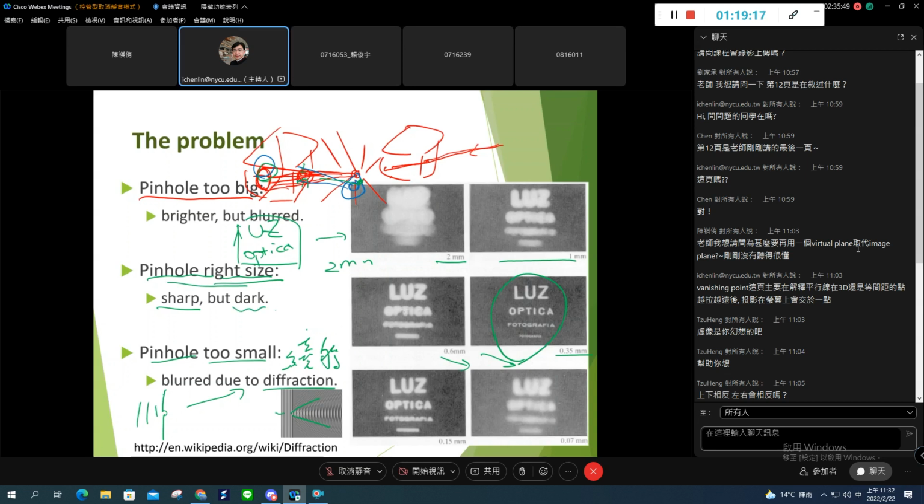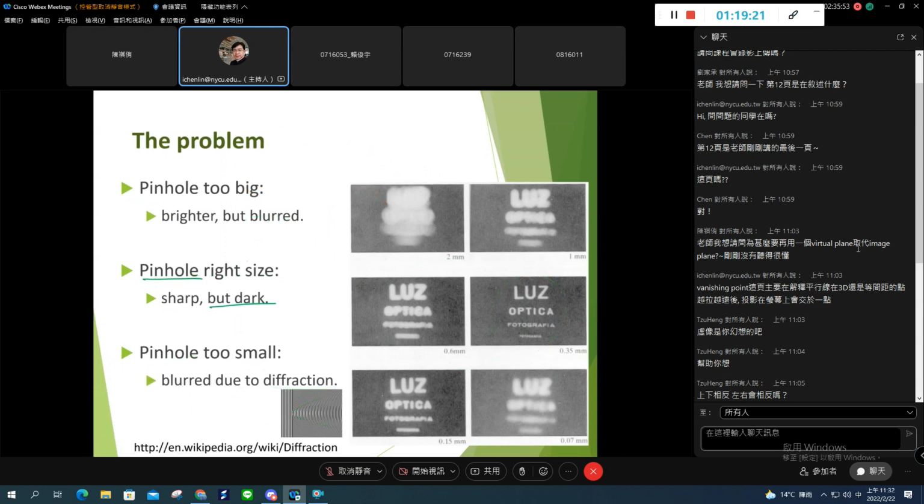Okay, some students may say, so a pinhole image is supposed to be dark and can only capture some light sources.